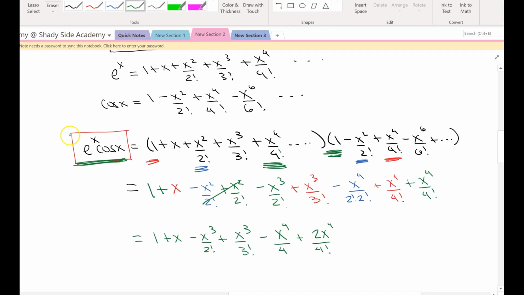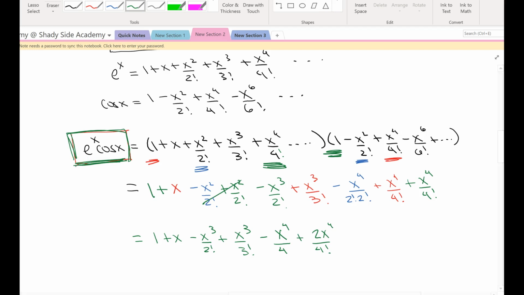A lot of times in these kinds of questions where you're asked to find the Maclaurin for a function that requires multiplying two Maclaurins, rarely is there a pattern that is particularly useful, okay? Oftentimes the question will say something like, find the first 4 non-zero terms.